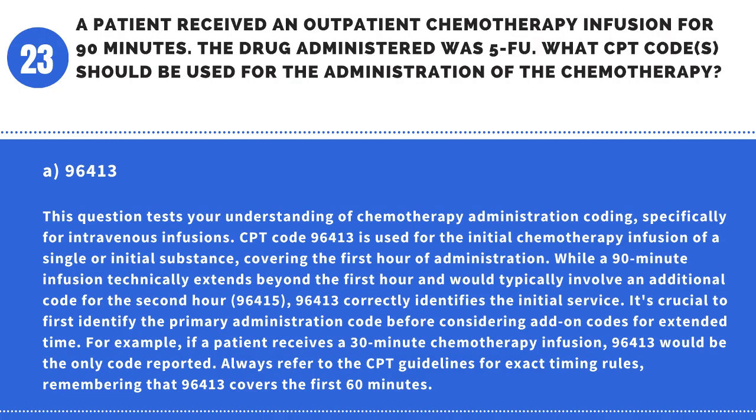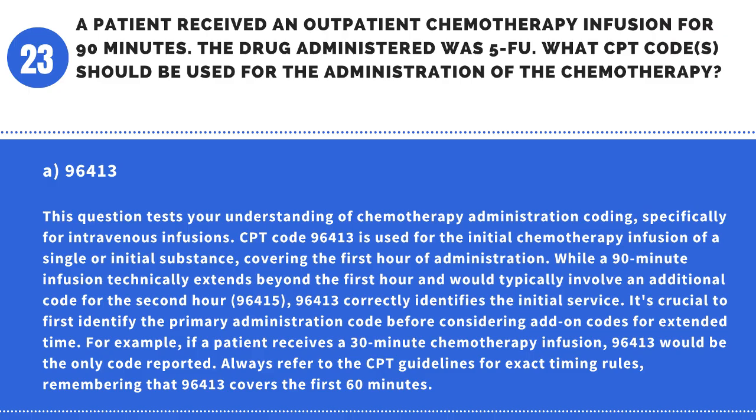96413. This question tests your understanding of chemotherapy administration coding, specifically for intravenous infusions. CPT code 96413 is used for the initial chemotherapy infusion of a single or initial substance, covering the first hour of administration. While a 90-minute infusion technically extends beyond the first hour and would typically involve an additional code for the second hour, 96415, 96413 correctly identifies the initial service.